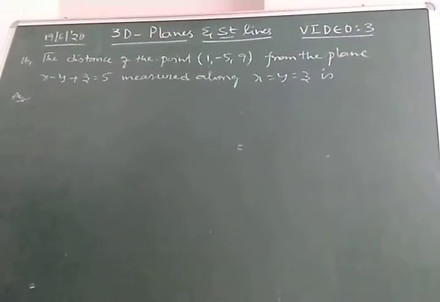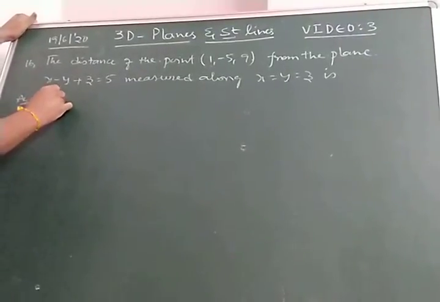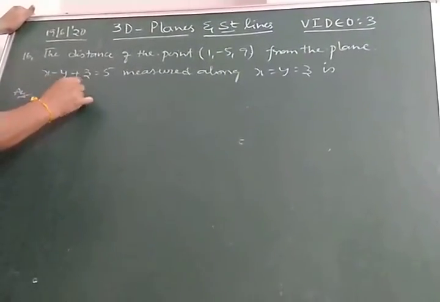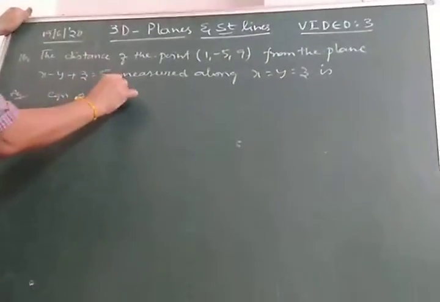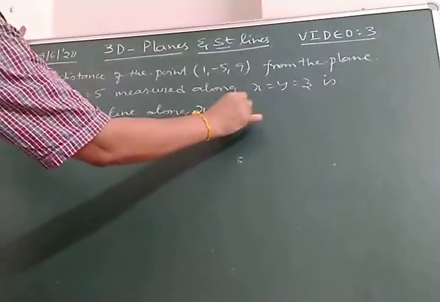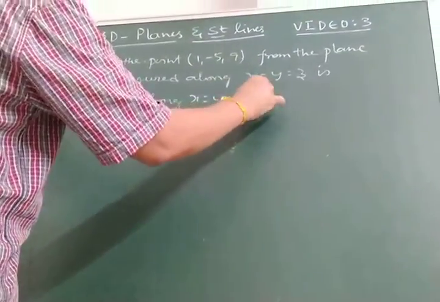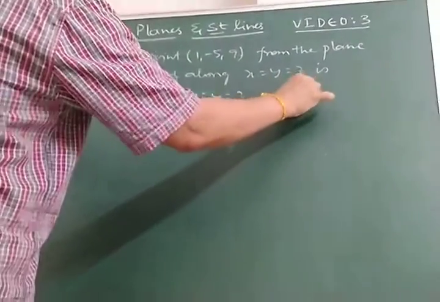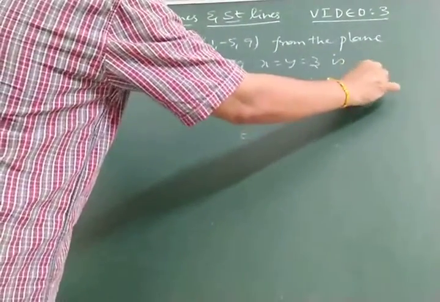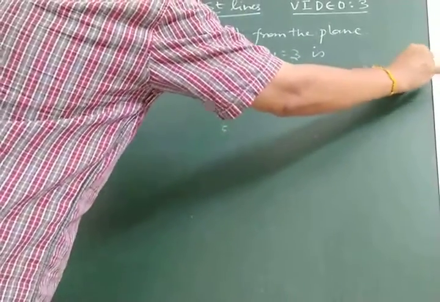Here the equation of a line along x is equal to y is equal to z passing through 1, minus 5, 9.